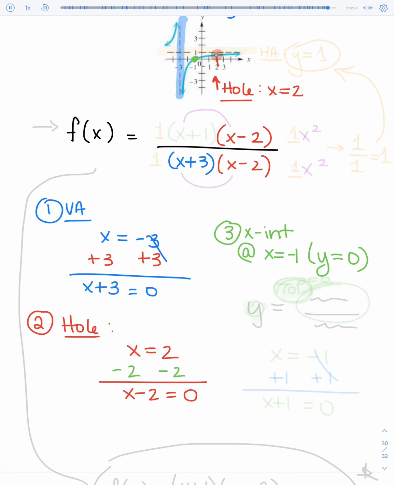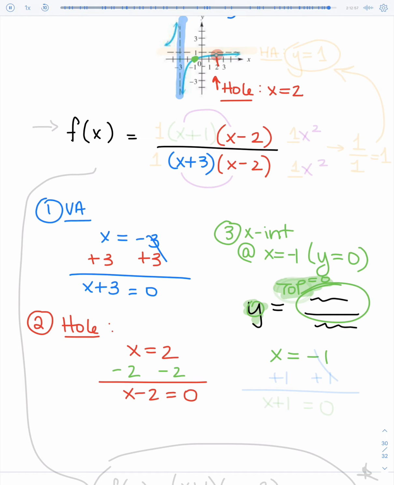So if you were looking at some kind of fraction, whatever's on top and whatever's on the bottom, you're talking about when the y value equals 0. When does the y value equal 0? When the top equals 0, because 0 divided by anything is 0. So we need a factor that's going to make your top equal to 0, so that it becomes an x-intercept.